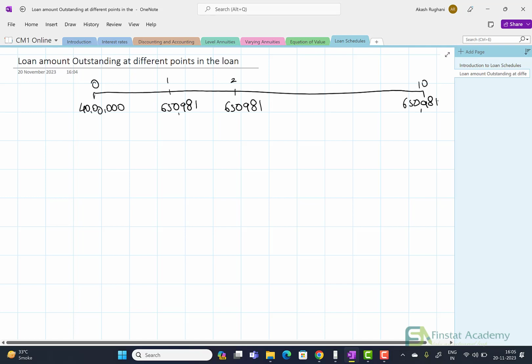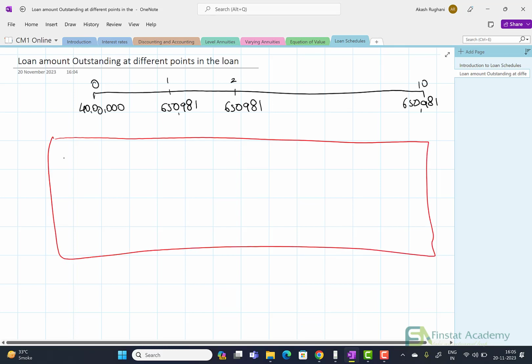Now, before I get into the example, there is one notation that I want everyone to be very clear with, which is L_t, which basically says the loan amount outstanding after the tth installment, for example after the 10th installment. The important thing to understand here is that it is after the installment.